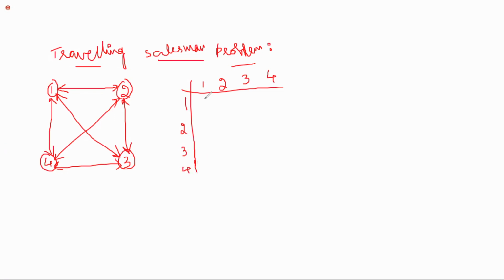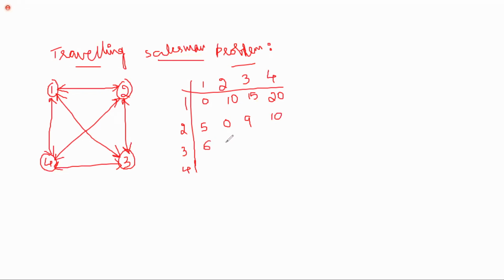What is the cost? 1 to 1 is 0, then 10, 15, 20. Next row: 5, 0, 9, 10.